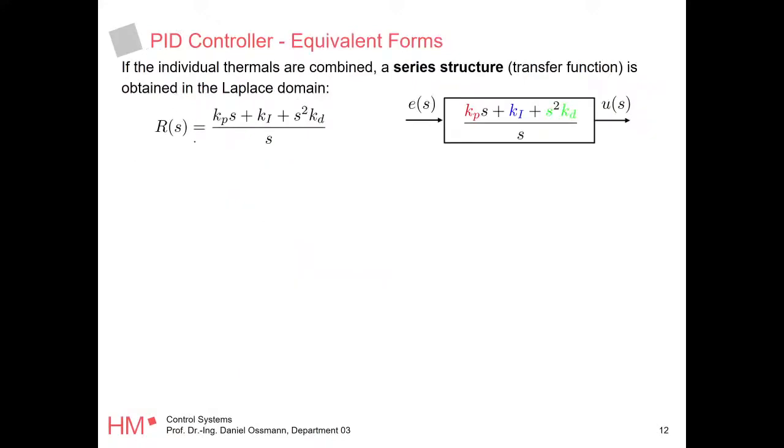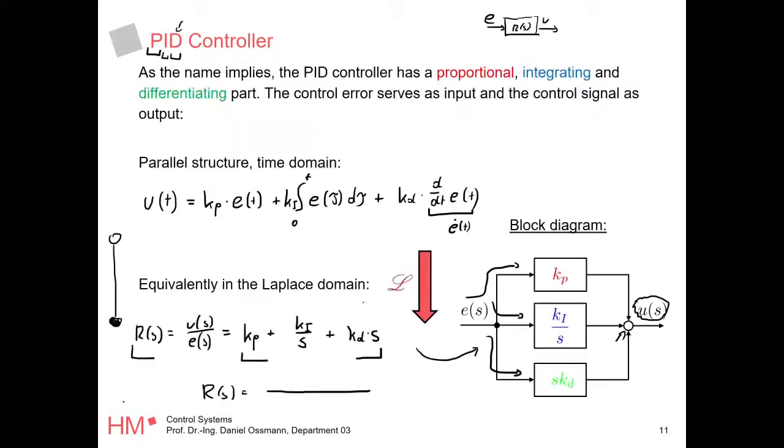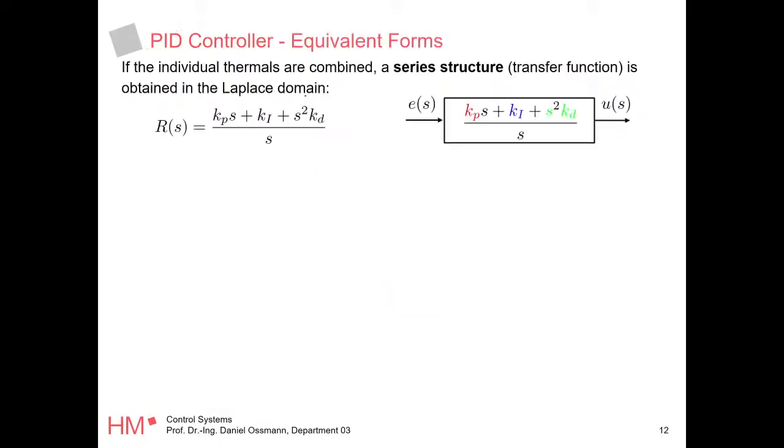If you bring that parallel structure onto the same denominator, which is basically S, you need to multiply Kp times S, and you multiply this one by S. You have Kd S squared plus Ki plus Kp times S, over S. And now this is called the series structure of a PID controller. Why series structure? Because it's a simple transfer function. Look at the block diagram, it's just one piece, so all the elements are in series, so to say. Okay.